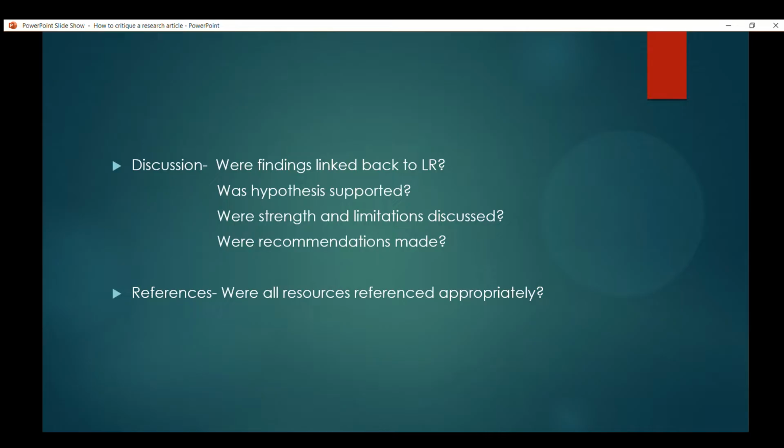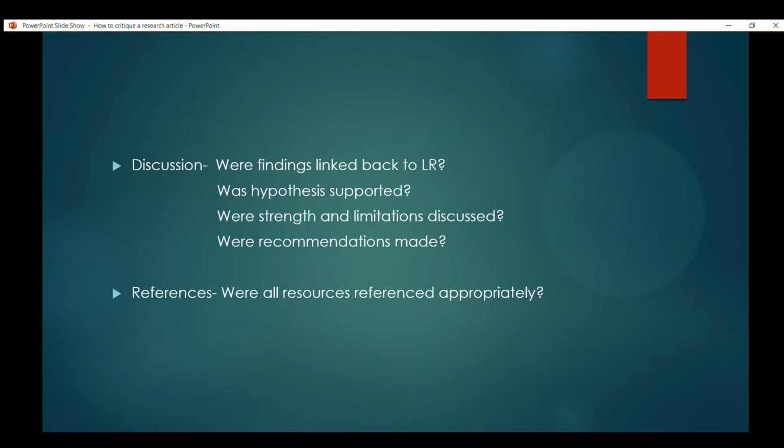The strength and the limitation of the study also have to be included in the article, and then that will help your critique. Were the strengths and limitations discussed, and were recommendations made?